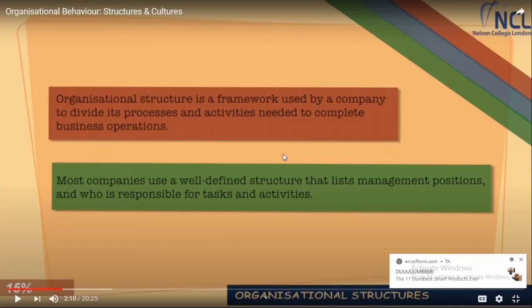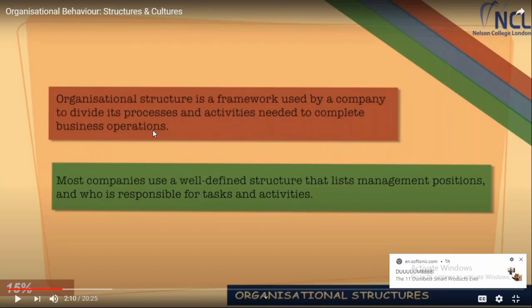Organizational structure is a framework used by a company to divide its processes and activities needed to complete business operation. I'm repeating this because the video is a little bit fast, so I want to repeat it for you to be able to capture it very well. Remember: framework, process, activities, business operation.